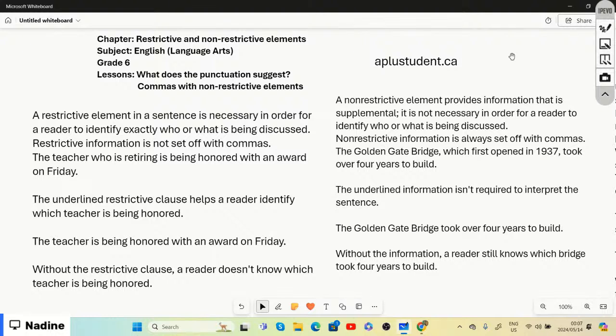So a restrictive element in a sentence is necessary in order for a reader to identify exactly who or what is being discussed. Remember, when we talk about who or what is being discussed, we usually mean the subject, and that will basically tell us who or what is being discussed within a sentence.